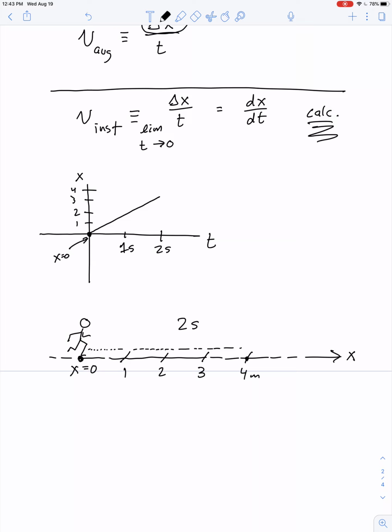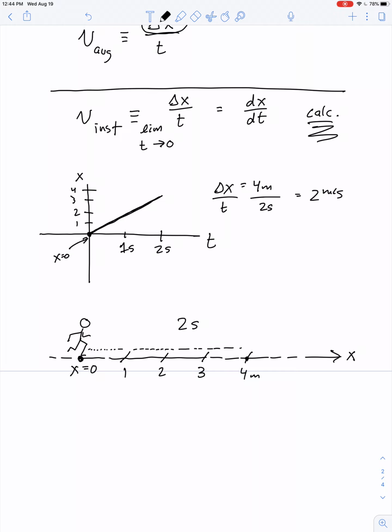Well, you can see that if I divide a distance of 4 meters by a time of 2 seconds, I get 2 meters per second, which is nothing more than the slope of this line.